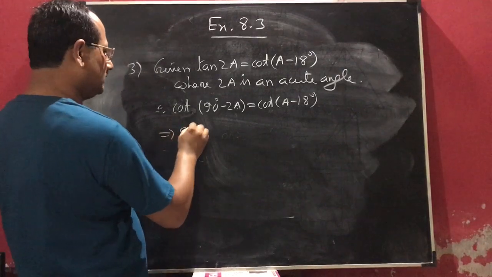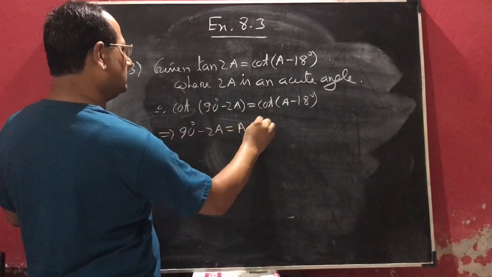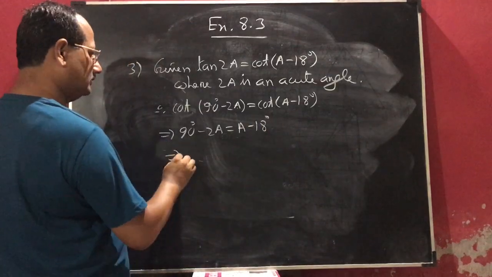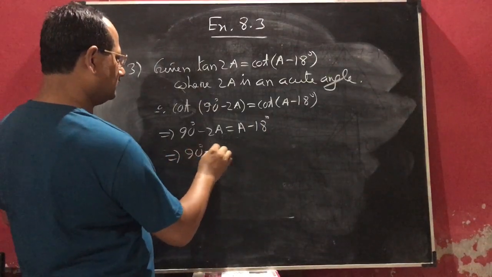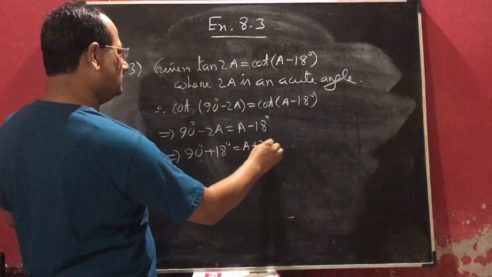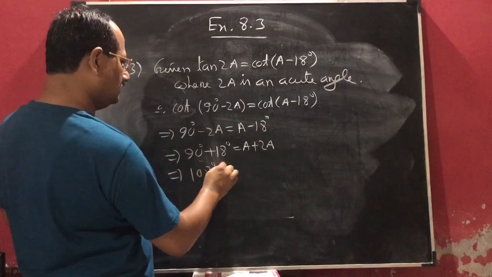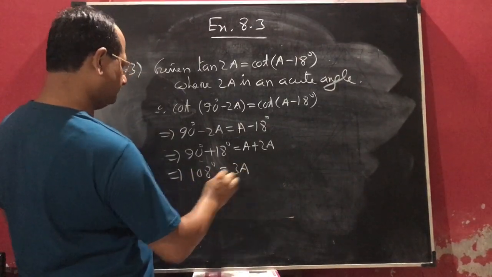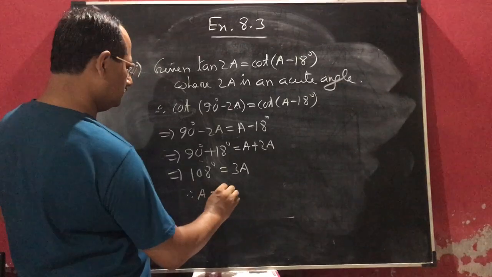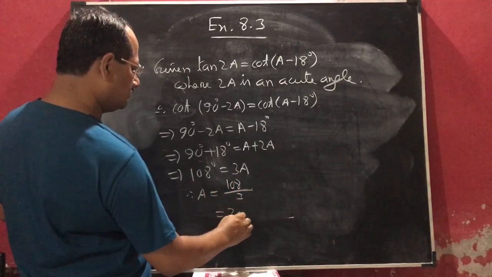That is 90 minus 2A equal to A minus 18 degree. So 90 plus 18 degree equals A plus 2A, that is 108 degree. So for A equal to 108 degree by 3, 36 degree.